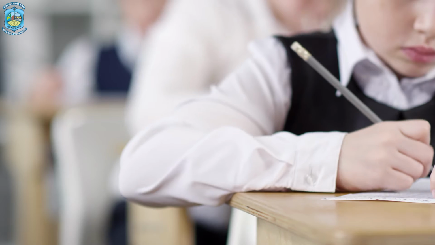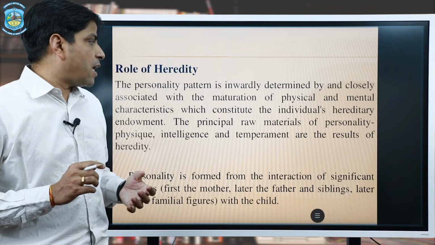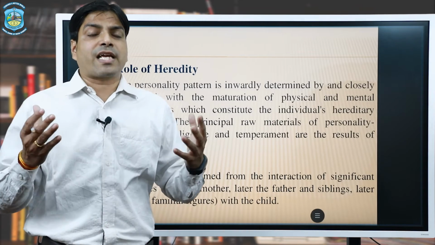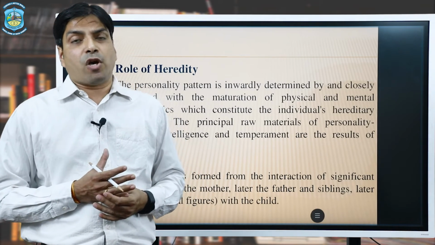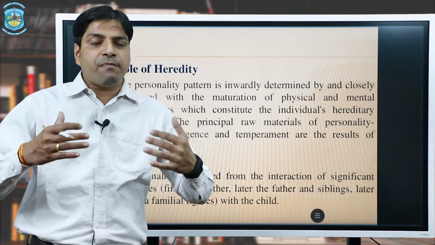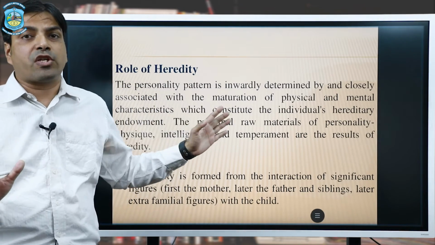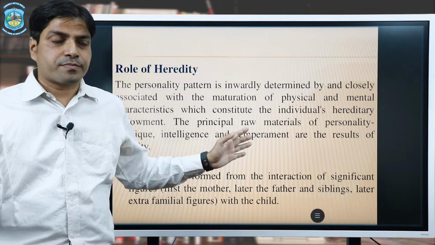At the same time, what will be the intelligence of the individual? Intelligence here refers to the ability to judge well, understand well, and reason well. And the temperament, what kind of temperament the individual will possess, whether he will be aggressive or submissive, is all determined by heredity.